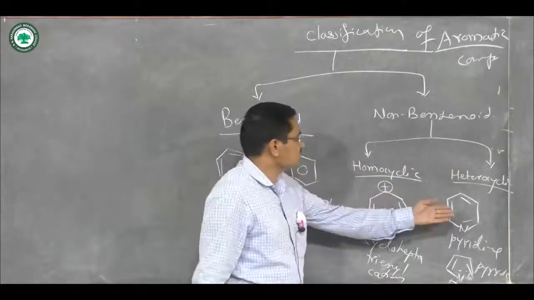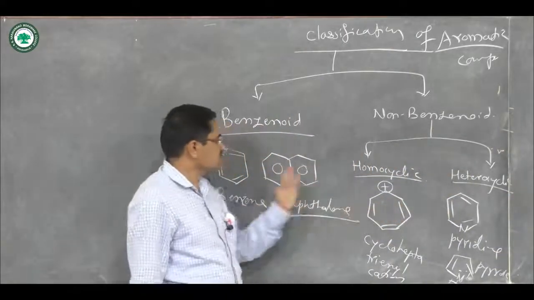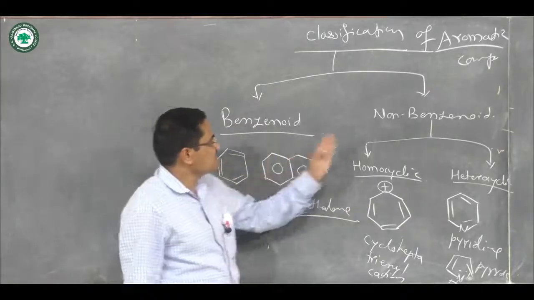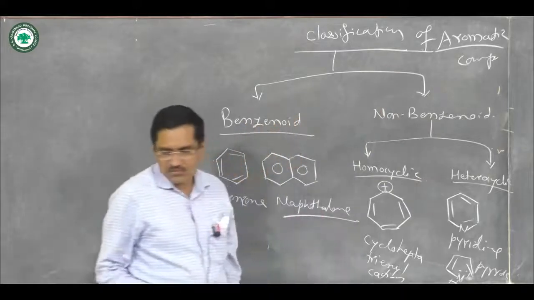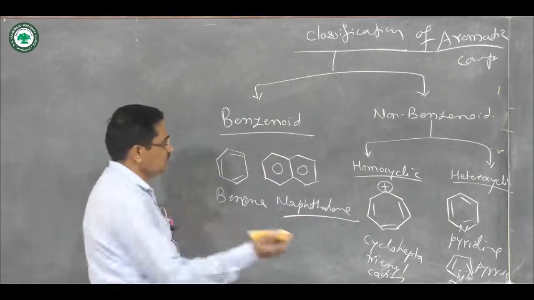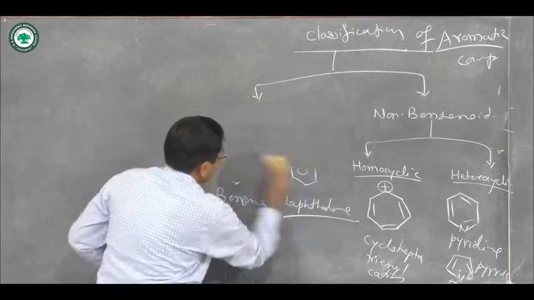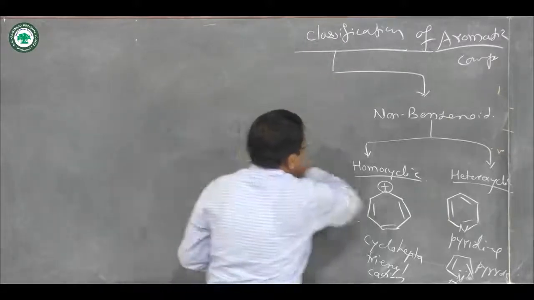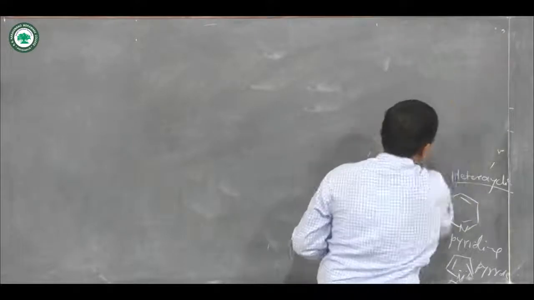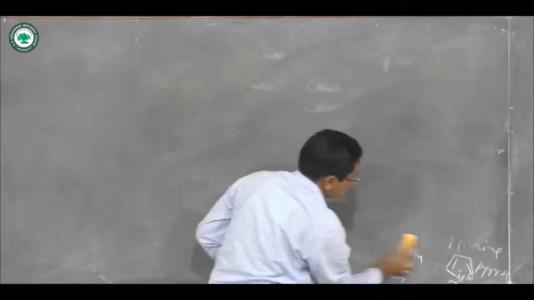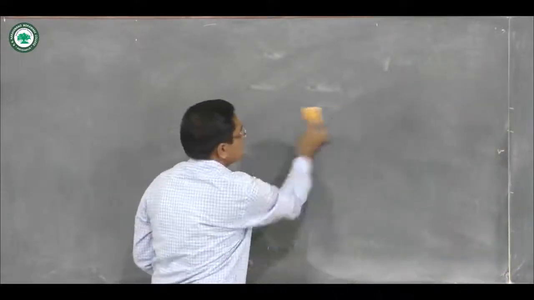Means in both cases the basic structure is not benzene, and hence it is called non-benzenoid, but it is an aromatic compound. Now today we will apply this criteria of aromaticity on these compounds.